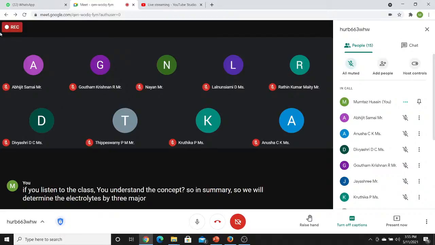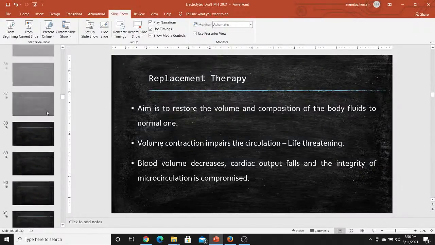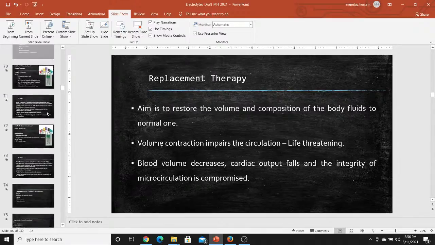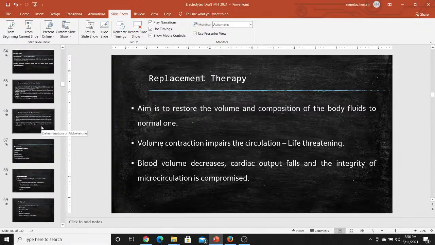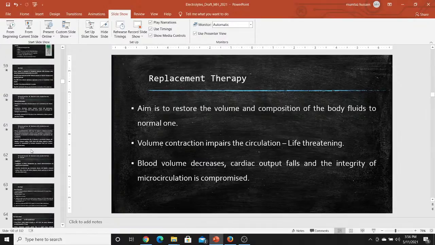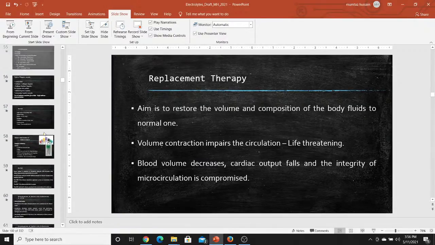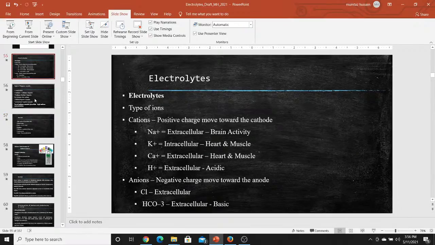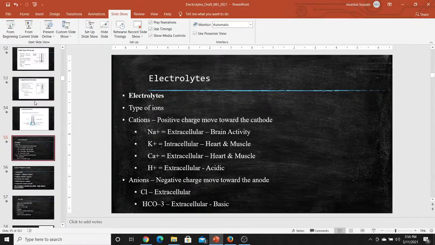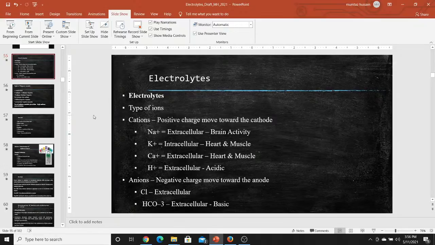One is the ISE method, another one is by flame photometric method, another one is by using UV spectroscopy, and one more method is by using LCMS. So these are the four different methods that are used to measure electrolytes.